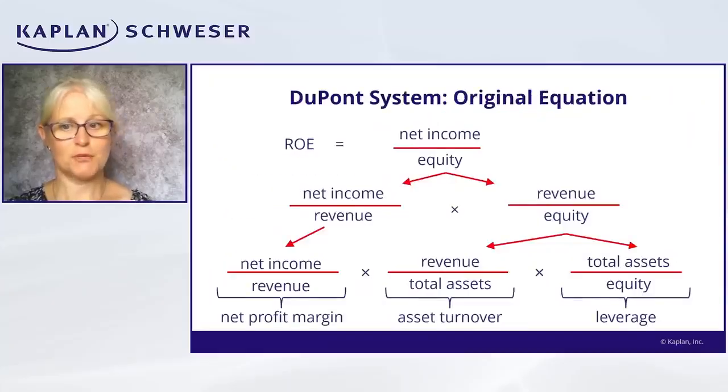So I asked you about the DuPont system. Hopefully you can remember this, very important. So you take your net income over equity and you can break it down into one that lives entirely in the P&L, net income over revenue, okay, which is basically a net profit margin, and then your revenue compared to the equity, which on itself isn't used very much.